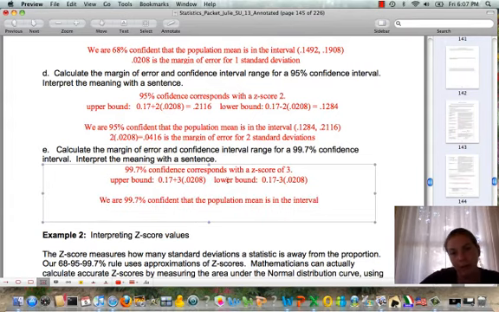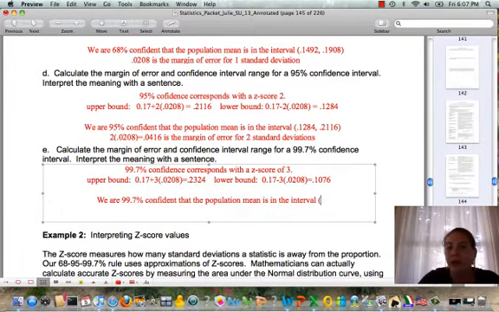Oh, I forgot to put the totals. So if you total this up, our upper bound is 0.2324, and our lower bound is 0.1076. So we are 99.7% confident that the population mean is in the interval 0.1076 and the upper bound 0.2324.